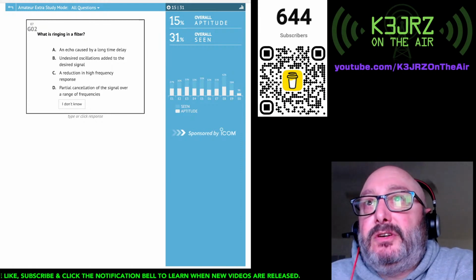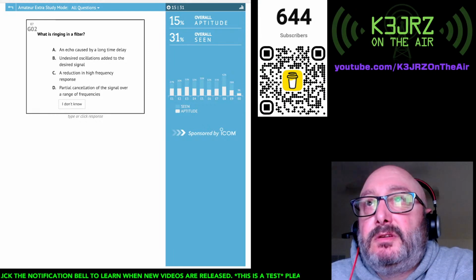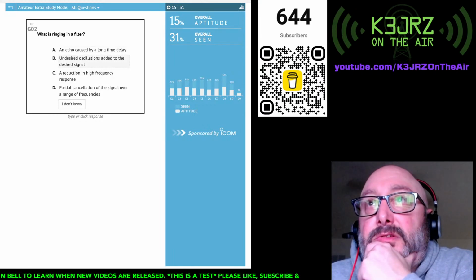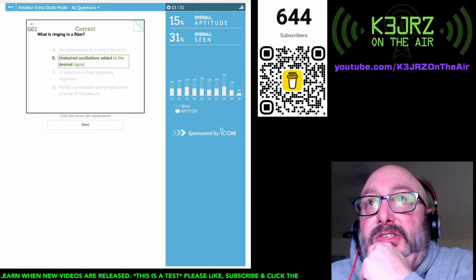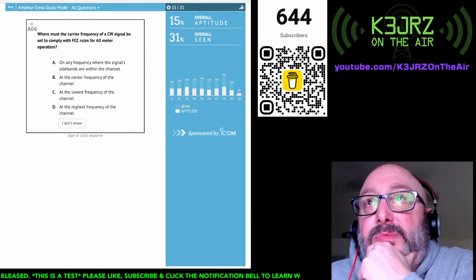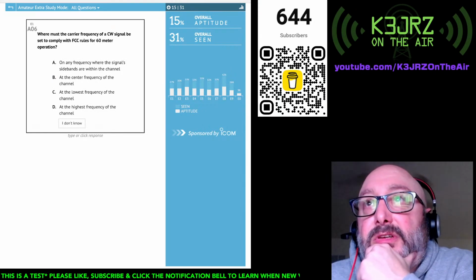Ringing in a filter. Desired oscillation and the desired signal. Where must the carrier frequency of a CW signal be set to comply with FCC rules for 60 meter operation?